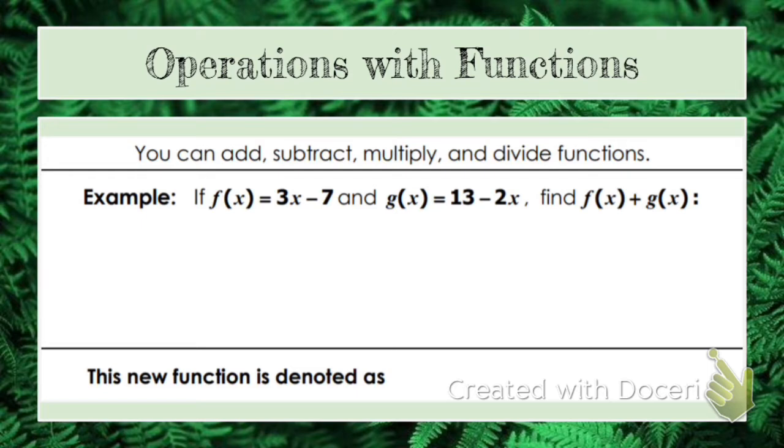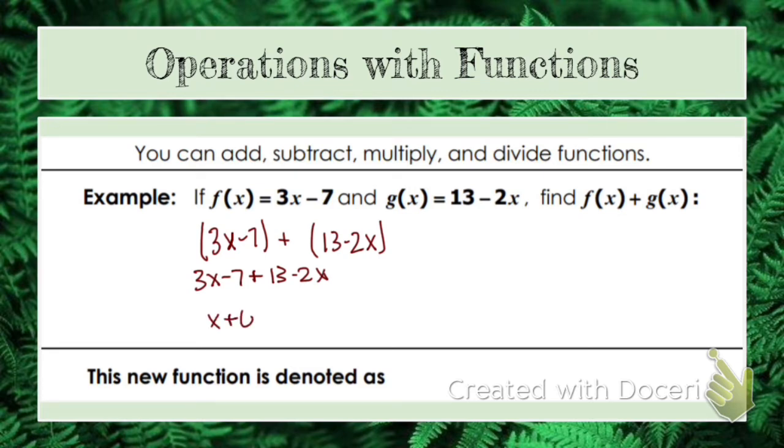So we have two functions, f of x equals 3x minus 7 and g of x equals 13 minus 2x. If we wanted to find f of x plus g of x, we would just take these. f of x is 3x minus 7 and g of x is 13 minus 2x, and we want to add them together. Whenever we're adding these, we can just take them out of parentheses, and that's going to give us x plus 6.